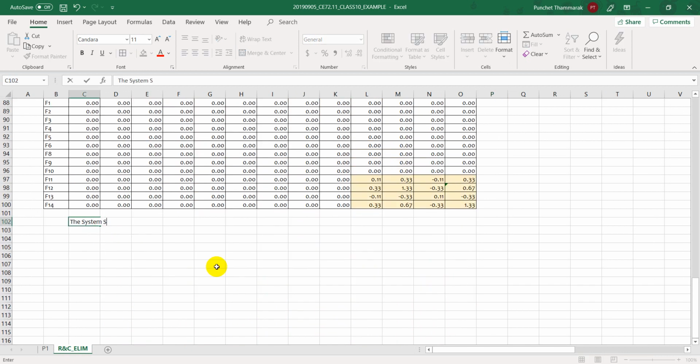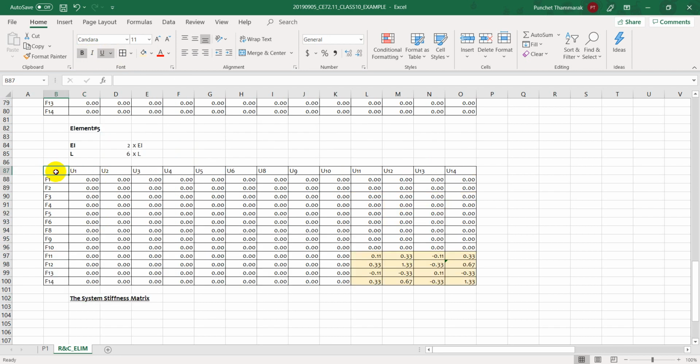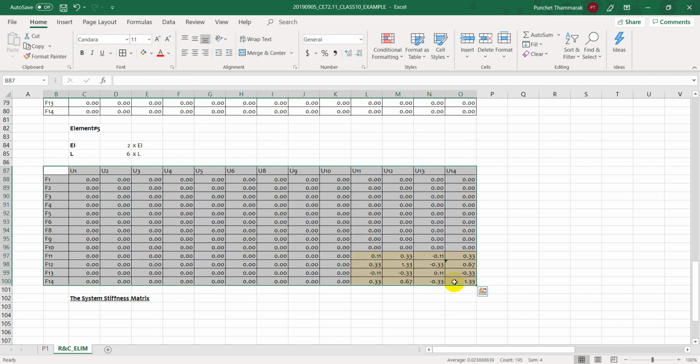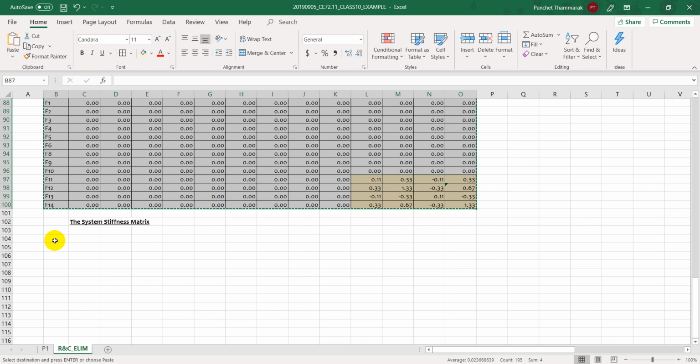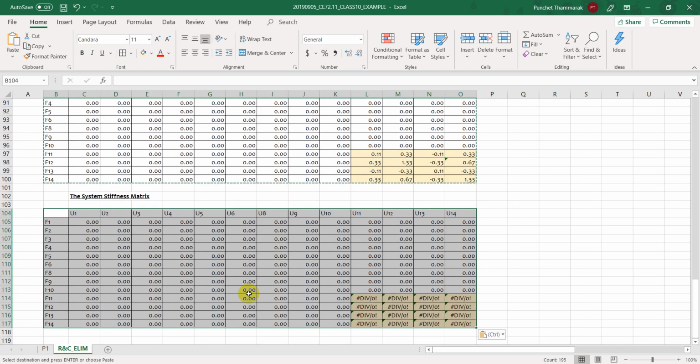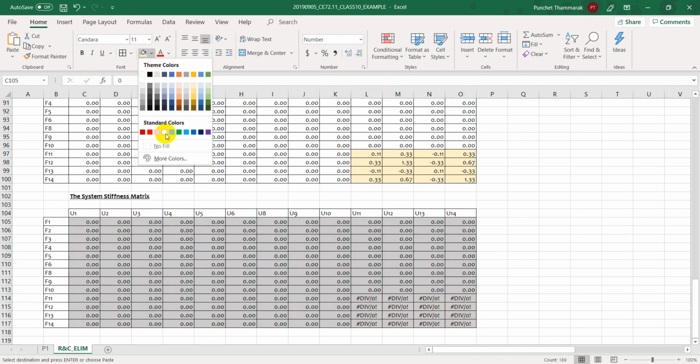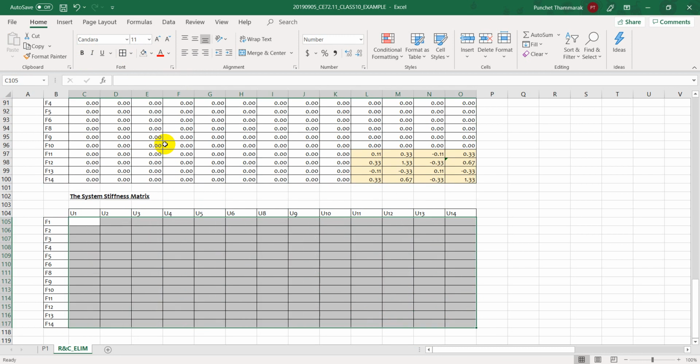Okay, so all of this will lead us to the system stiffness matrix. I'll be clearing out all things down here, no fill and divide.